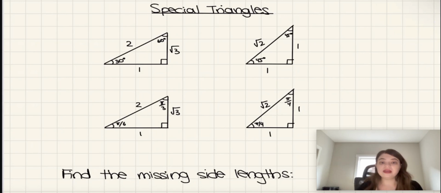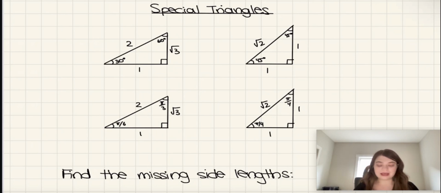And so if we have a triangle that has 30, 60, and 90 as the numbers of degrees, or a triangle with 45, 45, and 90, all triangles like that have the same ratios, right? They're all similar. And so, therefore, if we know these special triangles, we can extrapolate that knowledge to figure out the missing side lengths for other ones.